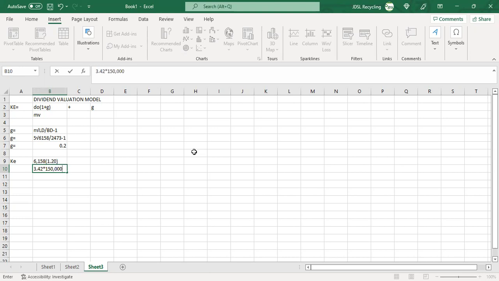I hope we all understand why we multiply it by 150,000. Please, if you don't understand, ask questions. We are here to correct ourselves. Plus 0.20.